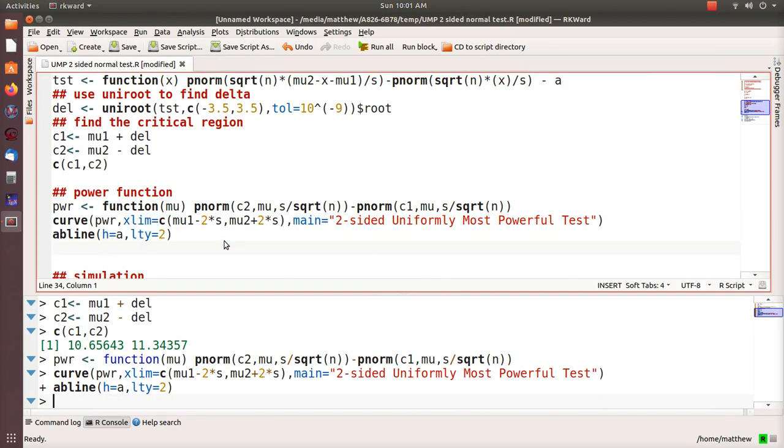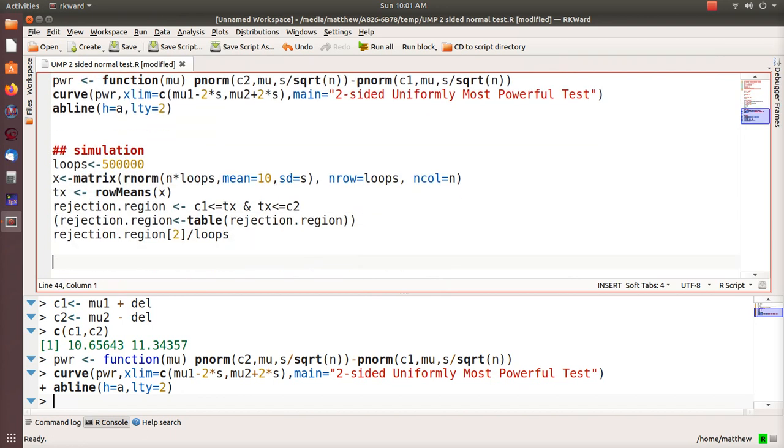Now to simulate this, we're going to do it for 500,000 loops or replications. We're going to create a matrix that has 500,000 rows and n columns, and n is 25 in this case, so it's going to be a 500,000 by 25 matrix of randomly generated normal observations.